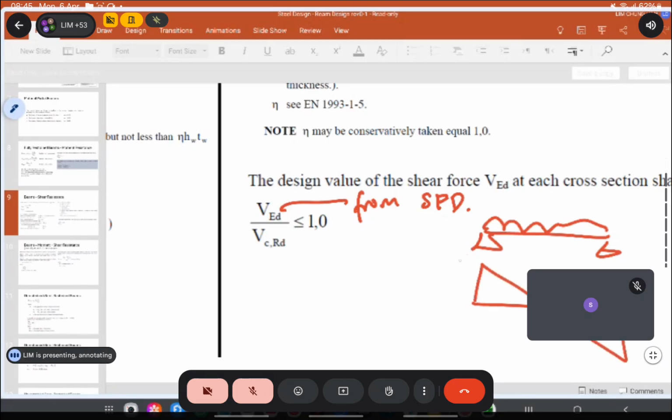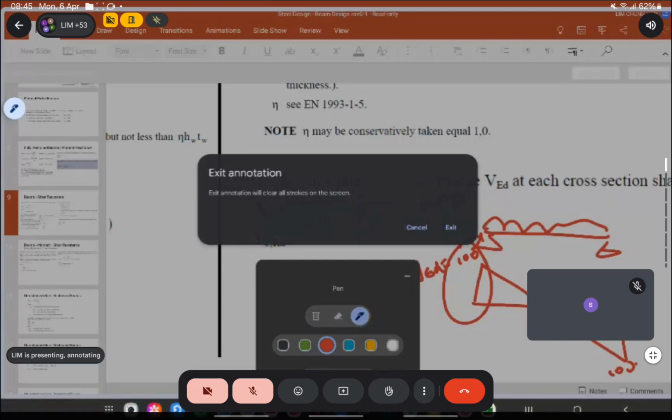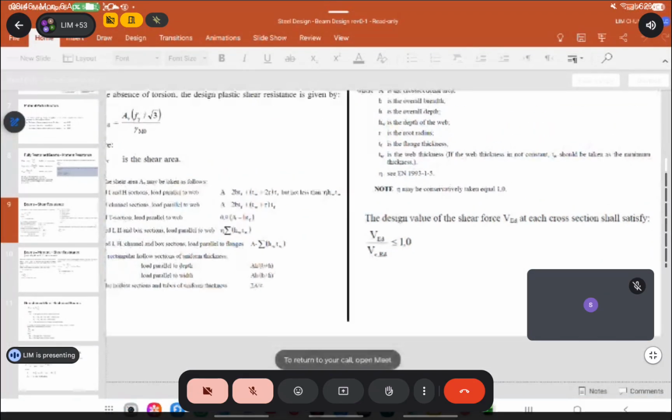Then you have some value here, you have some value there. So it's this value, 100. That's your VED. Just like what you did for IC design. Same thing for IC design. You just take the end value, you check. Okay, that is for shear.